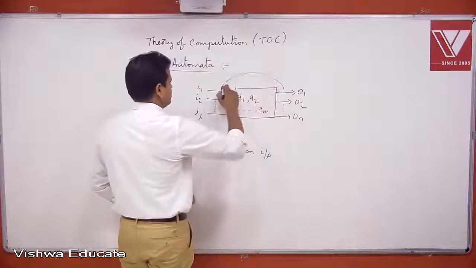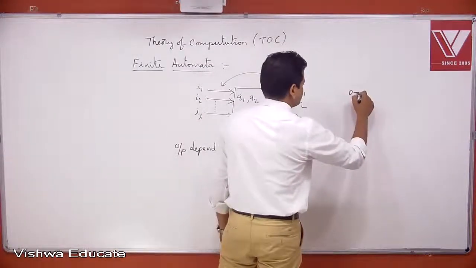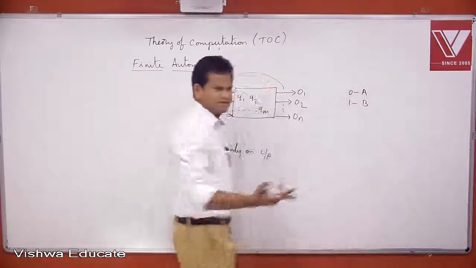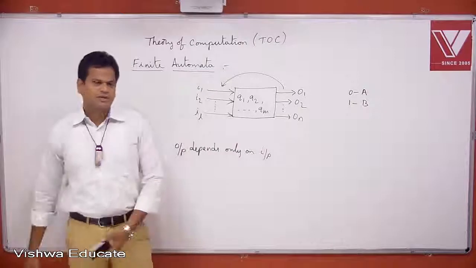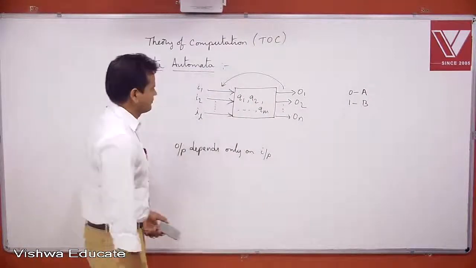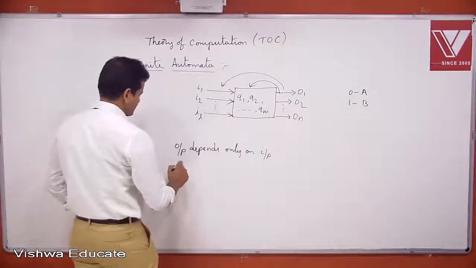Suppose the input is 0, it gives output A, and when the input is 1, it may go to a different output, B. So the output depends only on input, or the output depends only on state.